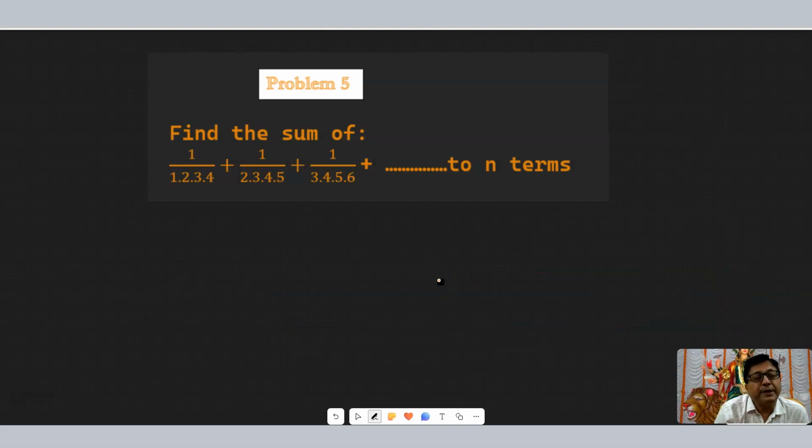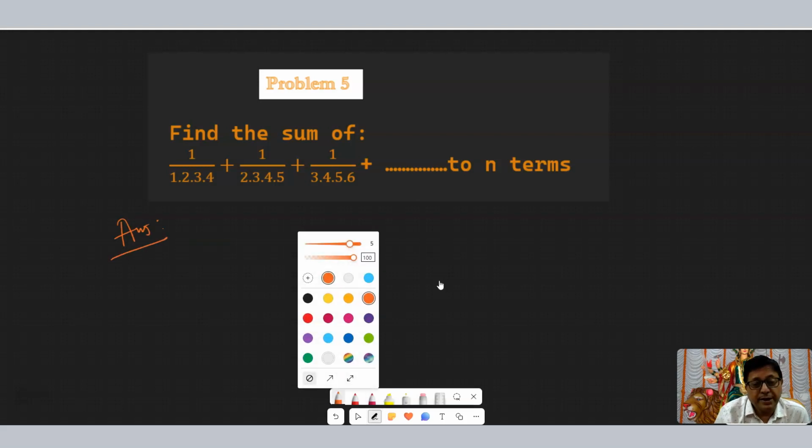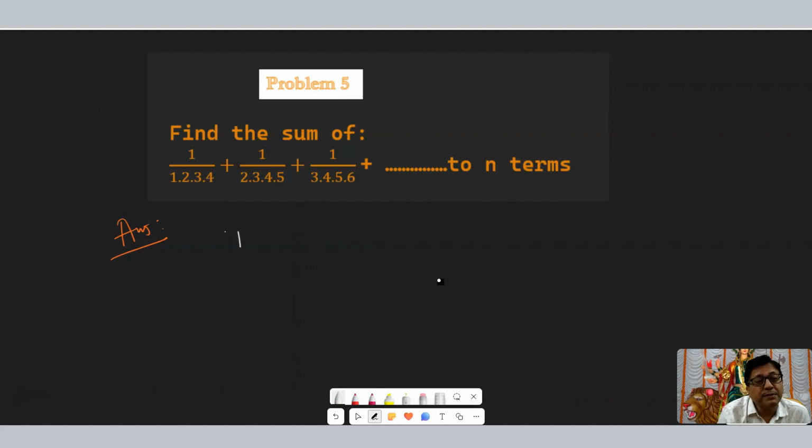This one looks big, but after writing the nth term, we can reduce it to a very simple one. Like, we'll write the nth term here, Tn. Tn is quite obvious. This is a telescoping series. I need not explain, already explained why telescoping. So it will be 1 by nth term of 1, 2, 3, which is n.